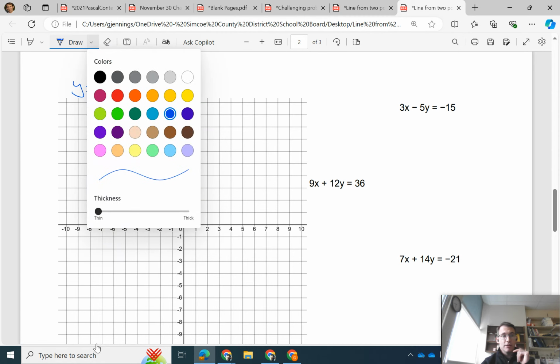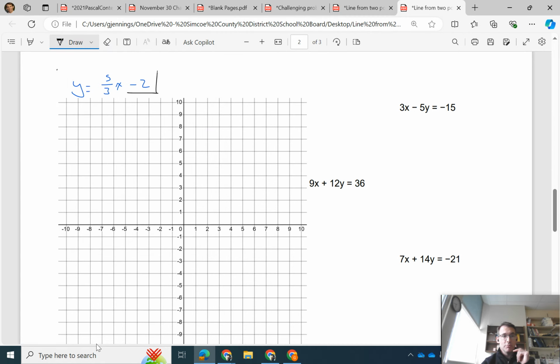All right, the first step is to look at the b value. Okay, remember these are y equals mx plus b, and b tells us the y-intercept, whereas m tells us the slope or rate of change.